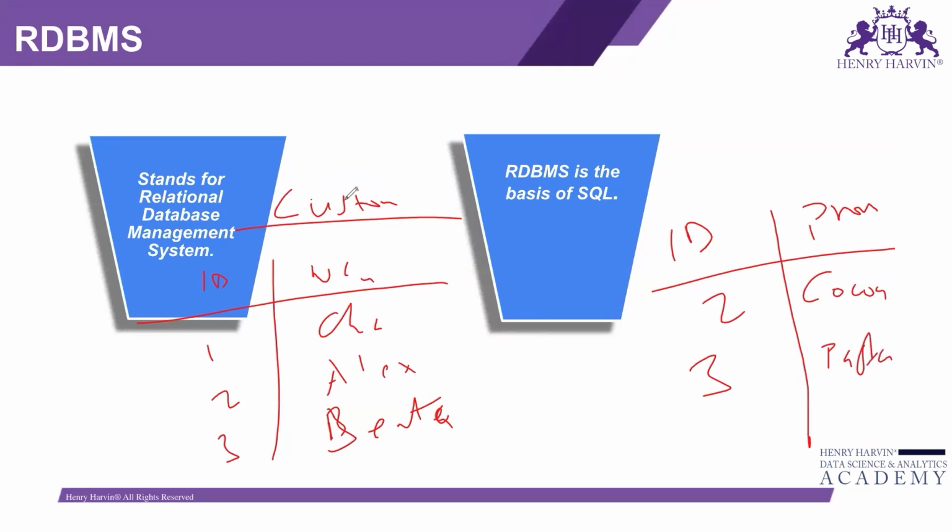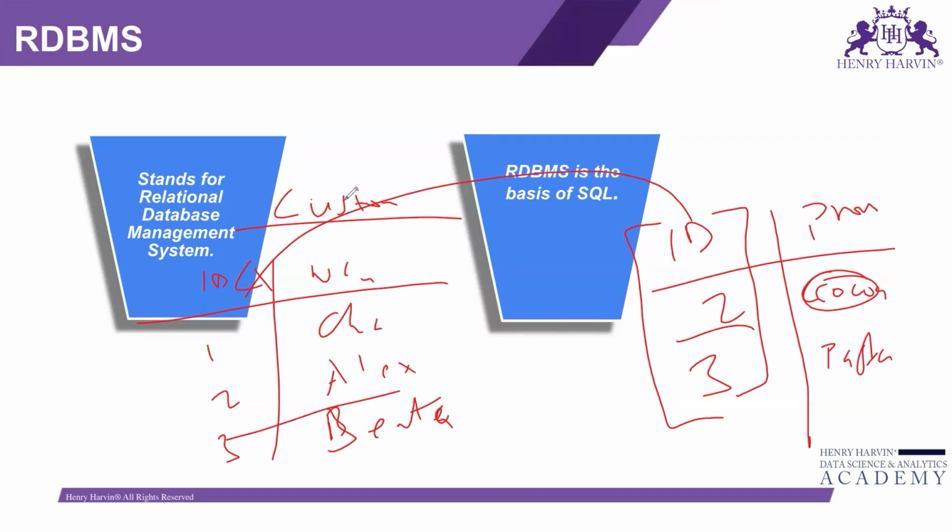So the relationship we're talking of is in the ID, where we can go back and review the ID from the first table of the customers, and we are able to know who bought the cocoa: customer number 2, who is Alex.